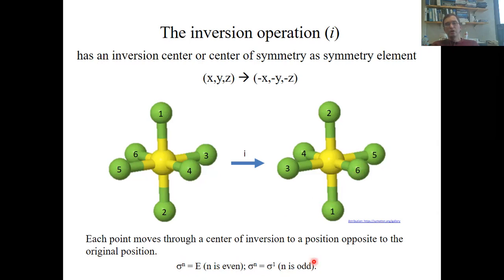And when n is odd, so 1, 3, 5, 7, and so forth, then that's always as though we would invert only one time. Okay?